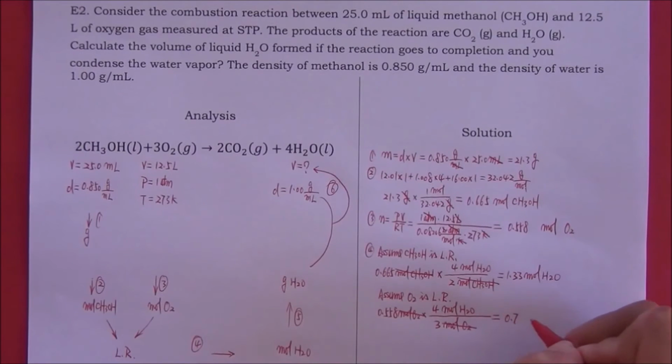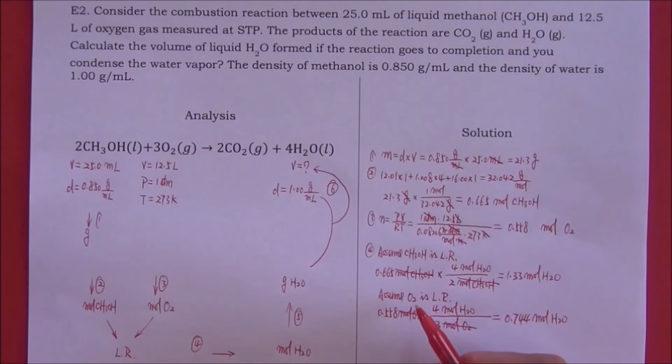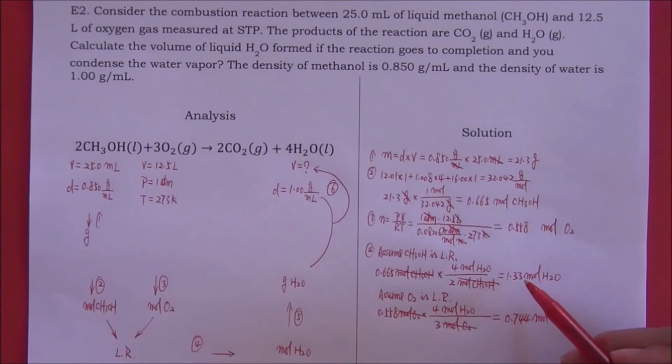We will produce 0.744 moles of water if oxygen is the limiting reactant. This number is smaller than this number, so oxygen is the limiting reactant. The amount of water we will produce is 0.744 moles of water.